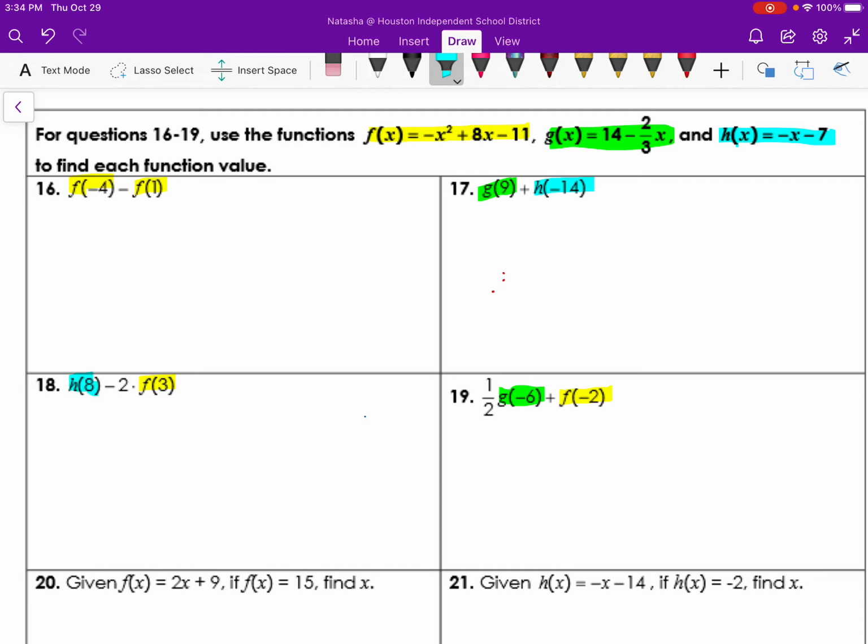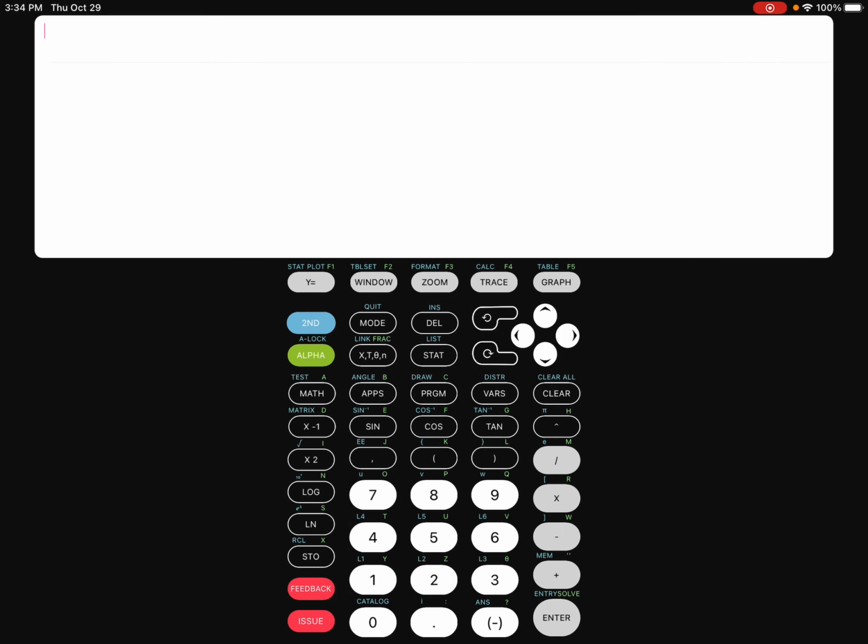All right, so now I'm going to utilize my calculator to answer all of these questions rather quickly. So I'm going to alt tab to my calculator, and I have my calculator here now. It has all the same functions. I'm going to click on the y equals button, that's the top left button.